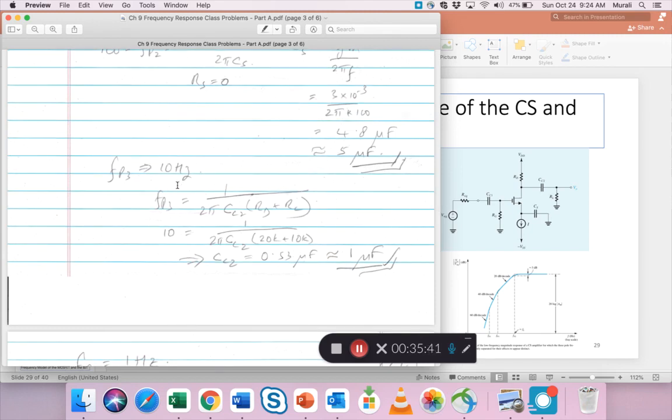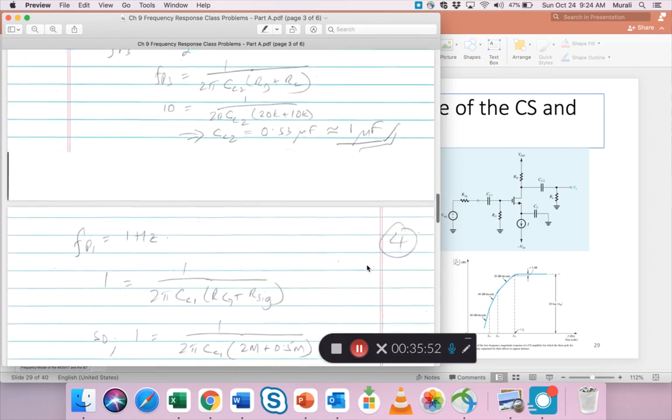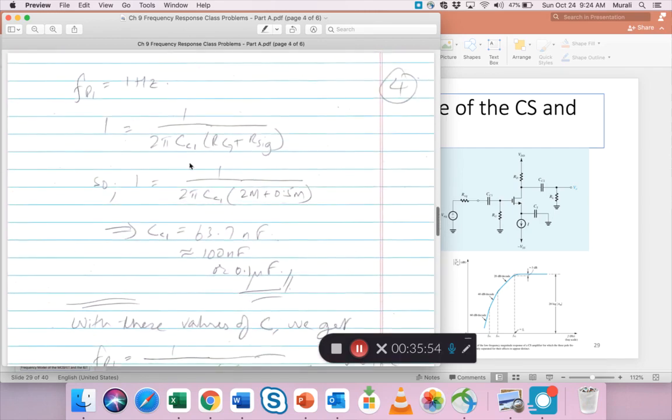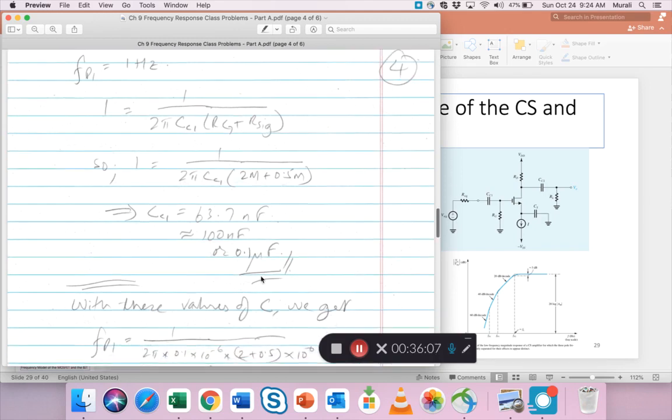Similarly, Fp3 is 10 Hertz. So for that, your Cc2 can be calculated using this formula, and you come up with 1 microfarad. And Fp1, which is 1 Hertz, you come up with a value of 0.1 microfarad. So you can see as the frequency lowers, the capacitance value also lowers.